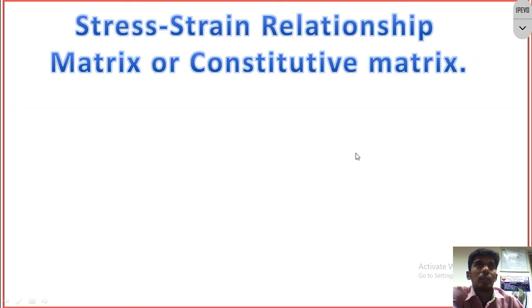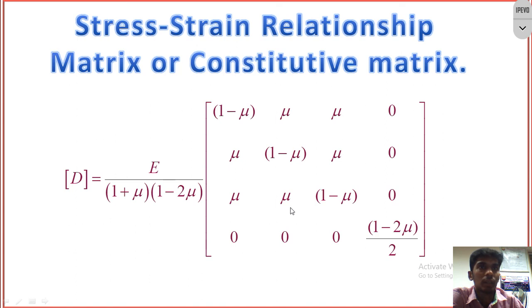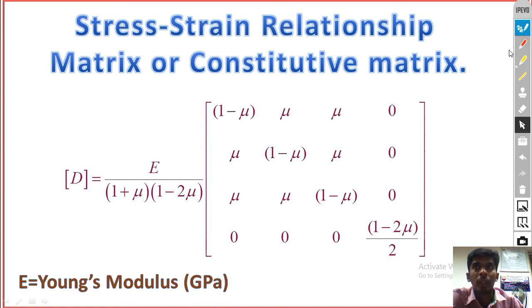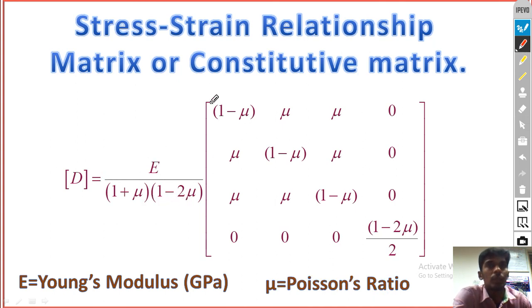So what is the stress-strain relationship matrix, or constitutive matrix? D is also an important parameter, as we have mentioned previously. This D is E by (1 plus mu) into (1 minus 2 mu). The diagonal values are the same: 1 minus mu, 1 minus mu, 1 minus mu, and (1 minus 2 mu) by 2. This is for the axisymmetric element.